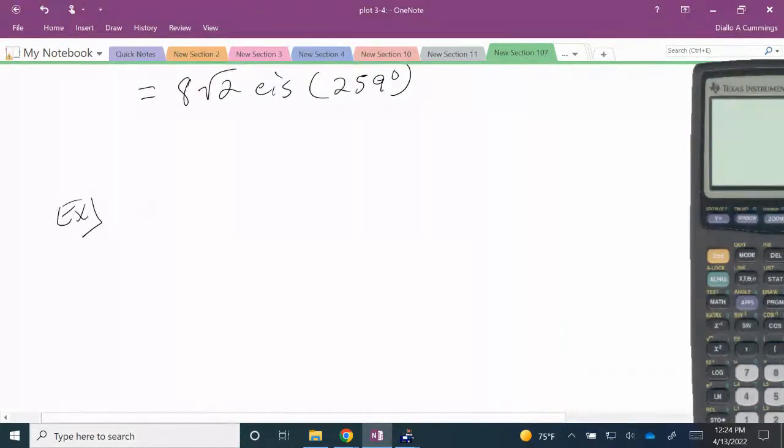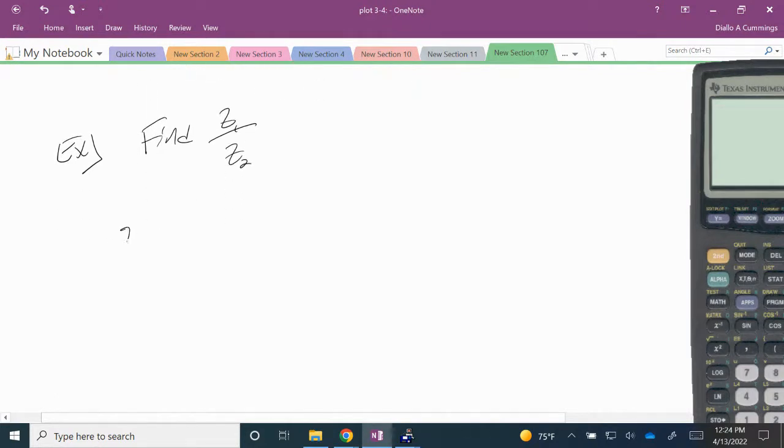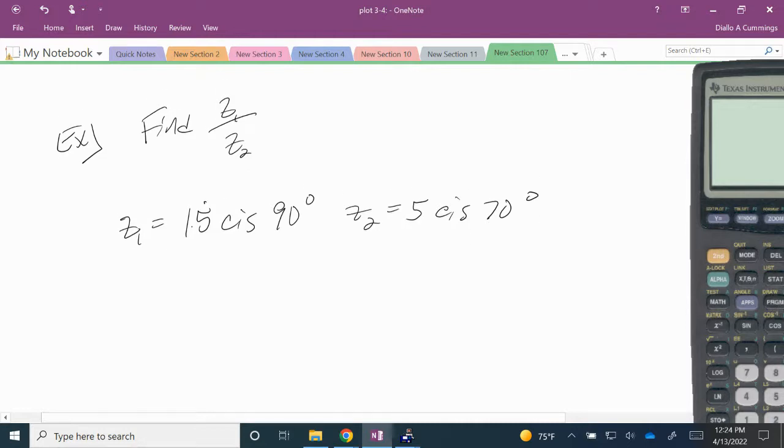For this example, we want to find z1 divided by z2. z1 is equal to 15 cis 90 degrees, and z sub 2 is equal to 5 cis 70 degrees.